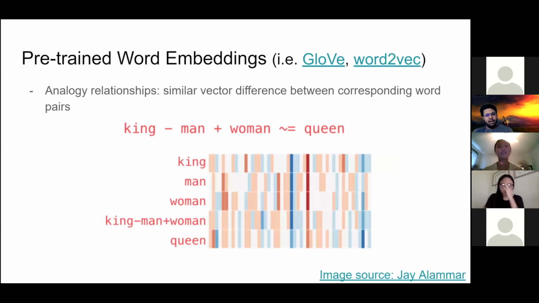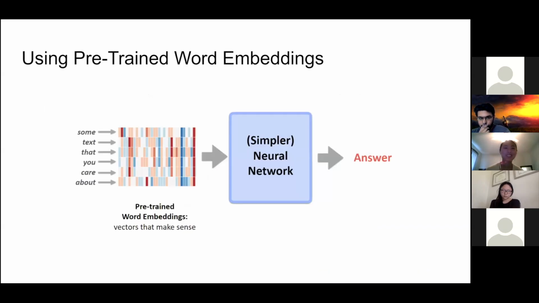If you take the vector representing king, subtract the vector representing man, and then add the vector representing woman, that will give you a vector whose closest neighbor is the vector for queen. There are a bunch of examples of this if you search online. It's very cool to observe. But all of this serves as intuition as to why you should use pre-trained word embeddings when you are training your own natural language model.